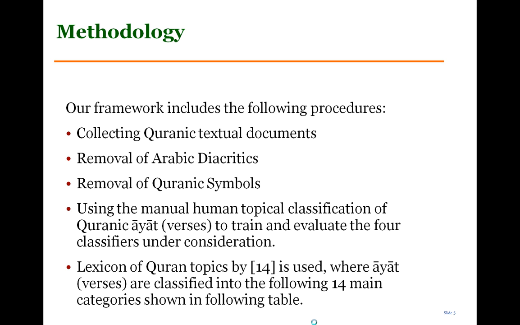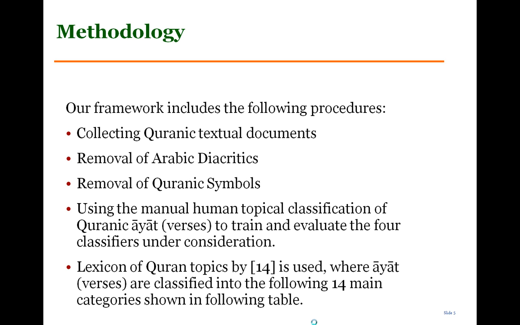The methodology followed in this study includes the following procedure. Since we couldn't find a suitable data set for our study, we had to collect Quranic textual documents. Then we had to remove the Arabic diacritics, harakat.